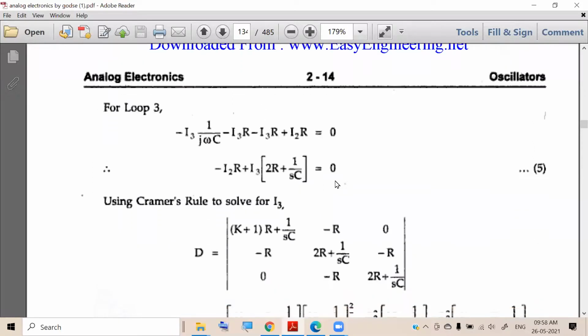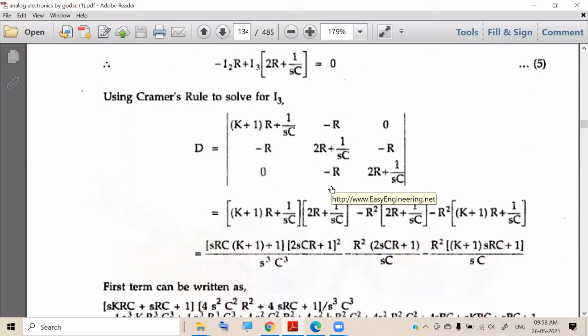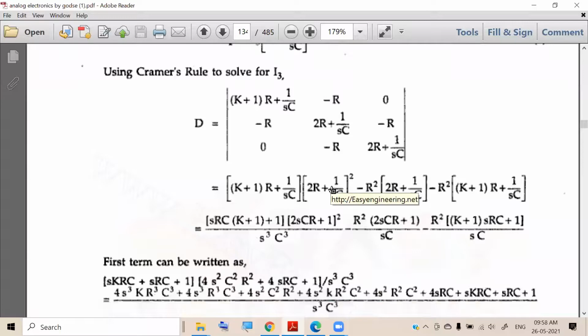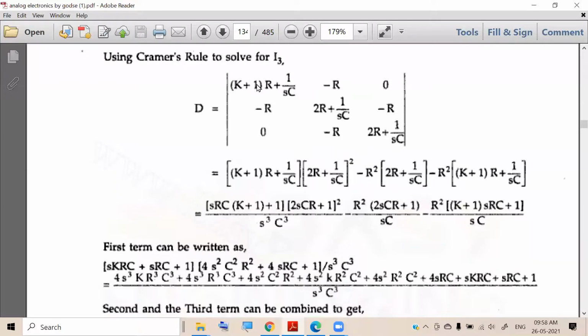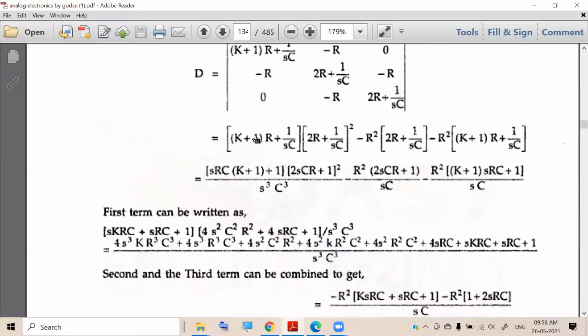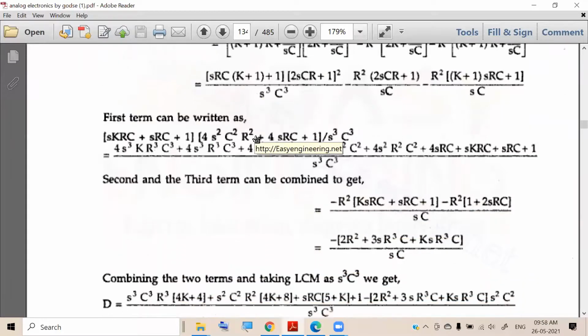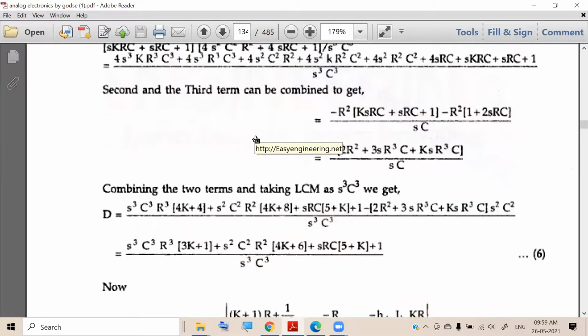D3 keeps these six terms as they are: first column and second column, (K plus 1) into R plus 1 by SC, minus R, 2R plus 1 by SC, 0, minus R.